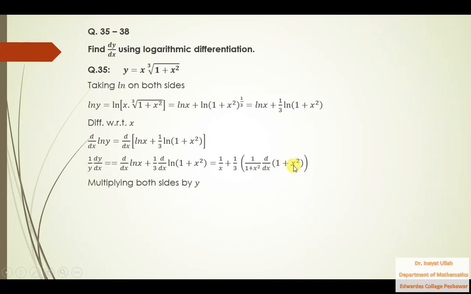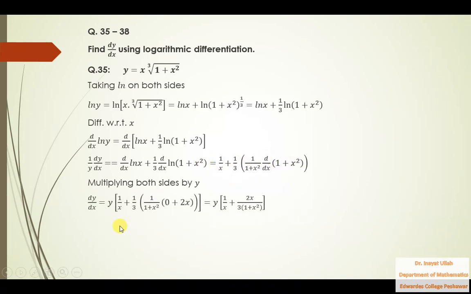So we are going to multiply both sides by y because y is here. We need to find dy dx. So in order to find dy dx, we need to multiply y from both sides. So multiply y here, that will be cancelled out, and you'll get only dy dx this side, and this y will be multiplied with this whole side.